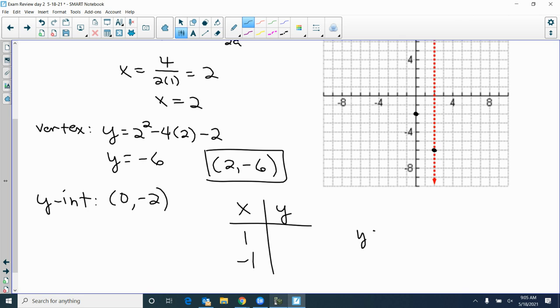So you got y equals 1 squared minus 4 times 1 minus 2. Figure out what that is. Morgan, you got it?